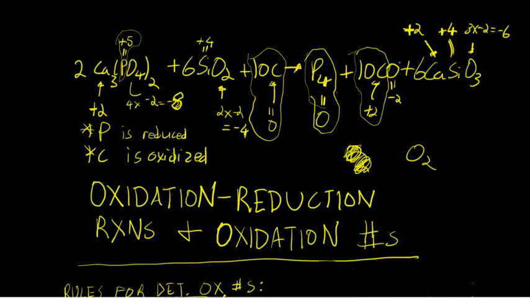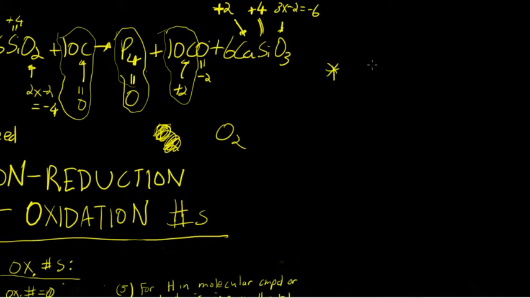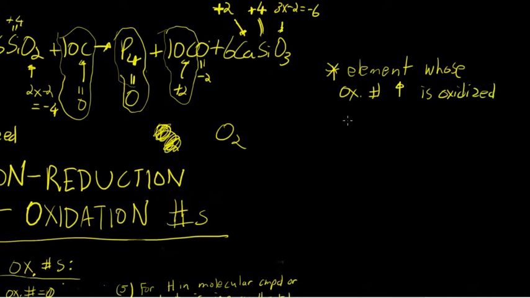Remember, I didn't write this down and I should, so I will write it here. The element whose oxidation number increases is oxidized, and the element whose oxidation number decreases is reduced.